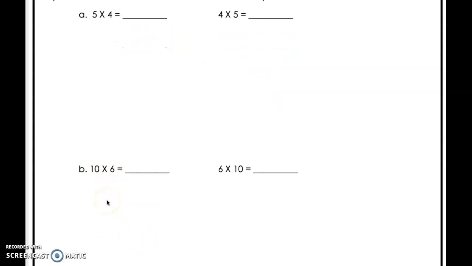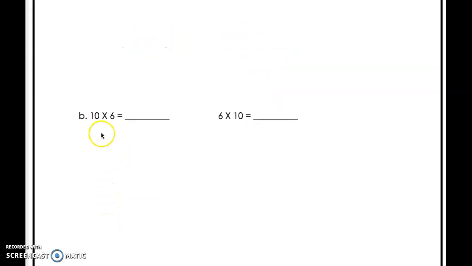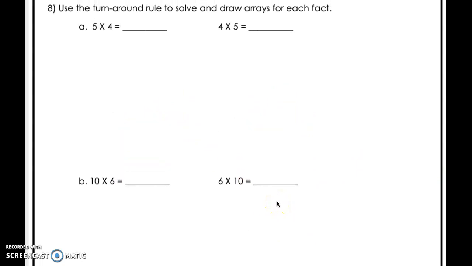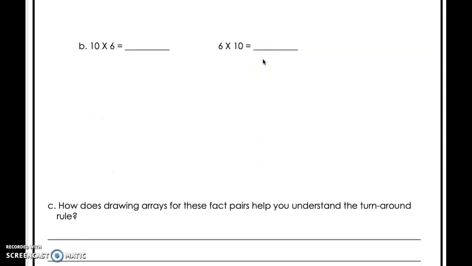Again, on this one, you're going to make an array, 10 rows down, 6 in each row. And then here you're going to do 6 down and 10 in each row. Again, the answer is going to be the same. Please make sure you do a nice array. If you want to make circles, it's okay. If you want to make X's, that's okay too, to make your array.